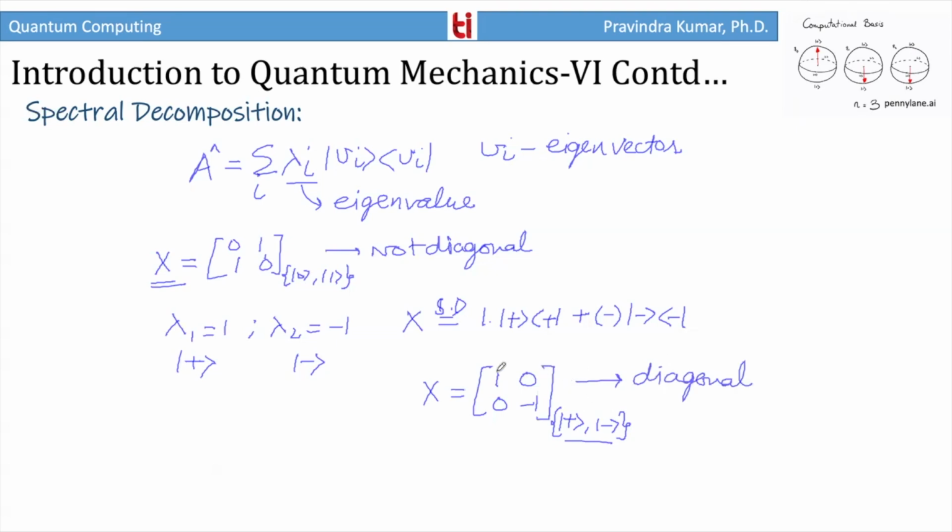The diagonal elements are the eigenvalues of the Pauli X matrix, and the bases are the eigenvectors. So in the natural or quantum basis ket 0, ket 1, the Pauli X matrix is not diagonal, and if we do the spectral decomposition, then the Pauli X matrix will be diagonal.